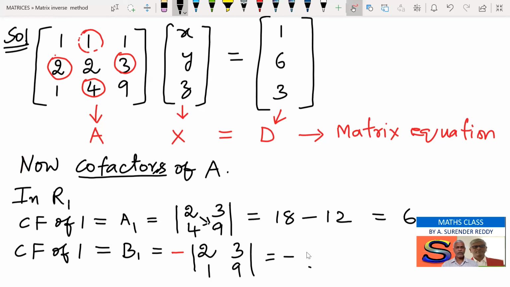So minus of 2 into 9, 18, minus 3 into 1, 3, 18 minus 3, minus of 15, minus 15.